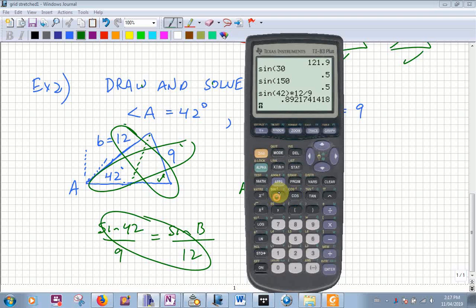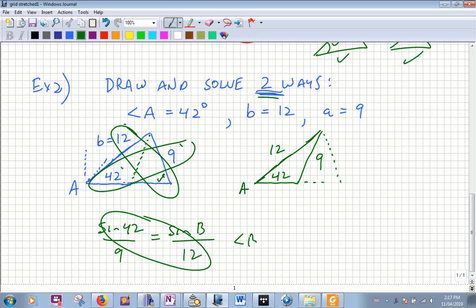I want angle b, so inverse sine of that will give me angle b, 63 degrees. So one of those triangles, it is 63, and the other one, it's not. Which one is it 63? Yeah, okay. This guy, yeah, that looks like 63 degrees.